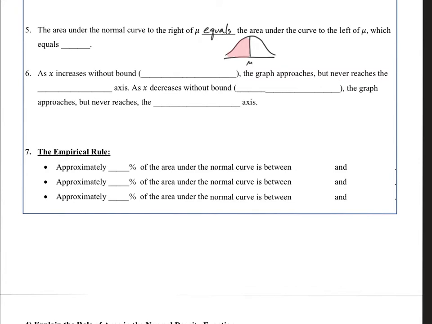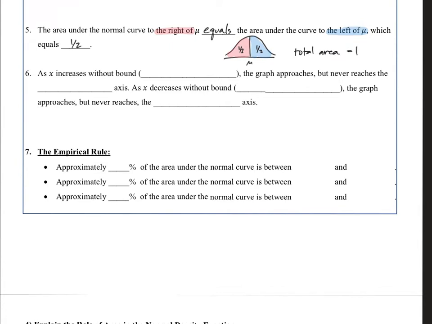Okay, so now let me color code these. So this is the area to the left of mu, and right of mu. And each of these areas, this side and this side, because they're supposed to total up to 1, remember, they're each a half, because the total area is 1.